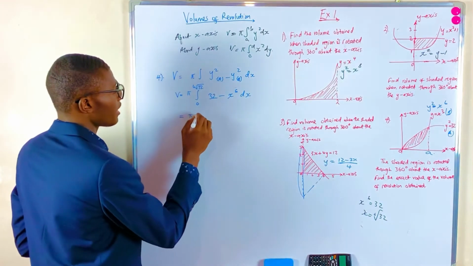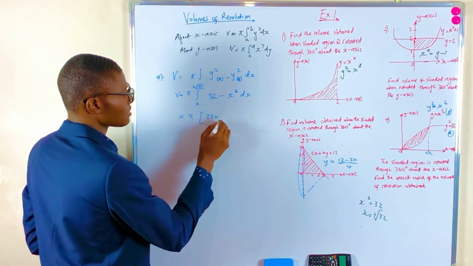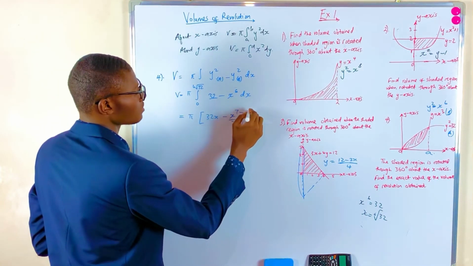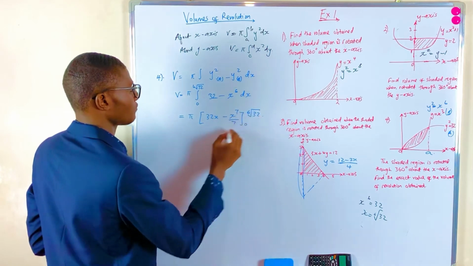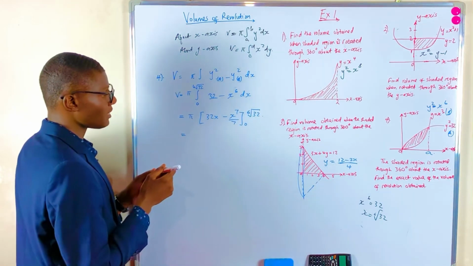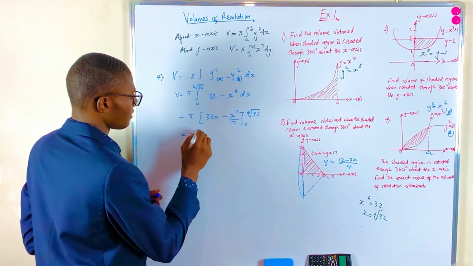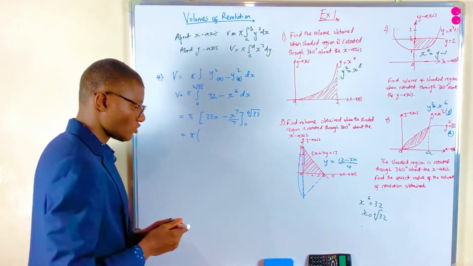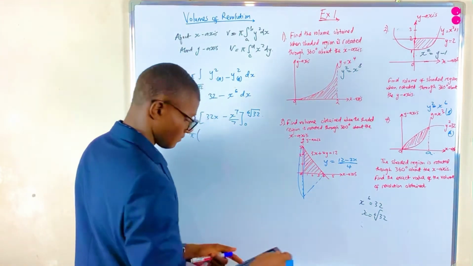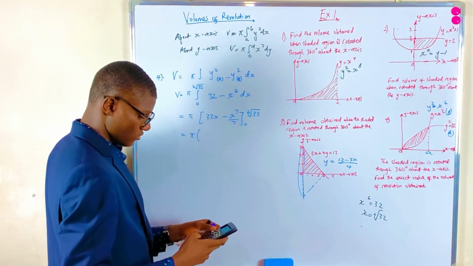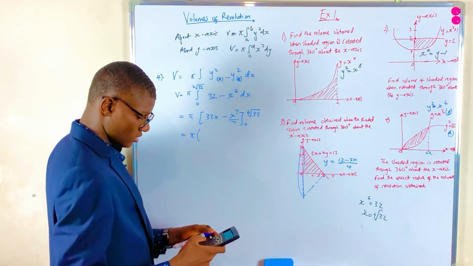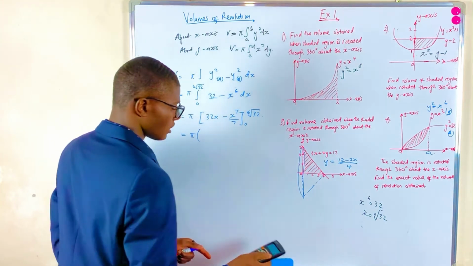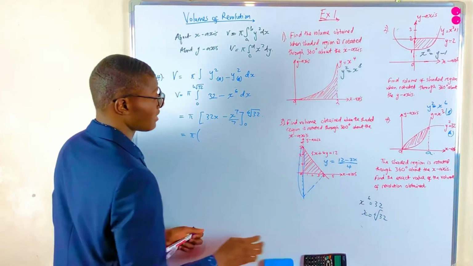Those will be equal to pi times 32x minus x to the power of 7 over 7 from 0 to the 6th root of 32. Now substituting the upper limit, pi multiplied by 6th root of 32 times 32. Let's use it in exact form as well.